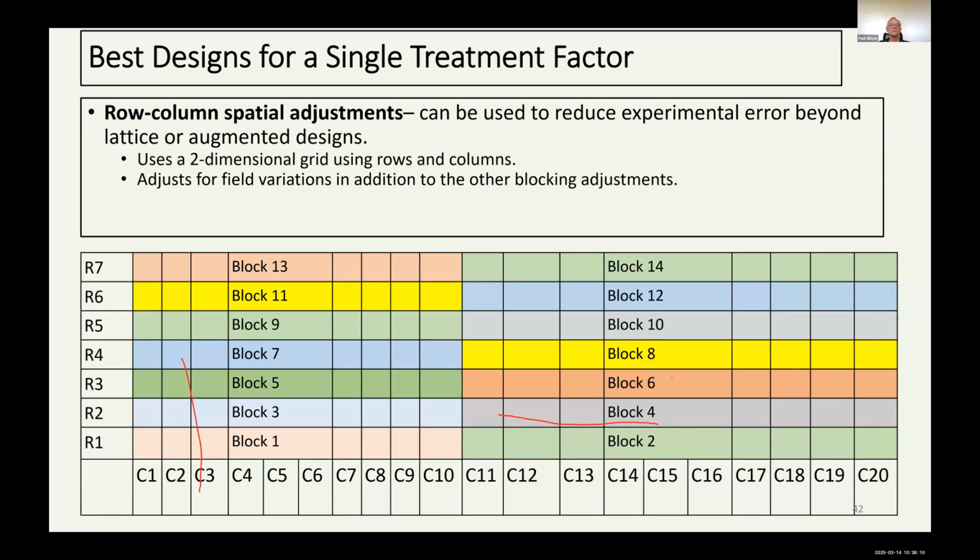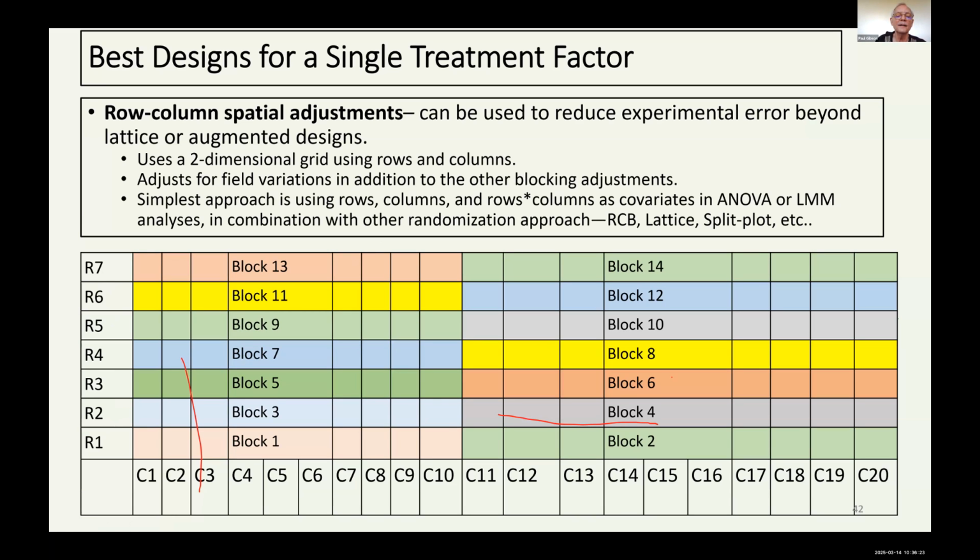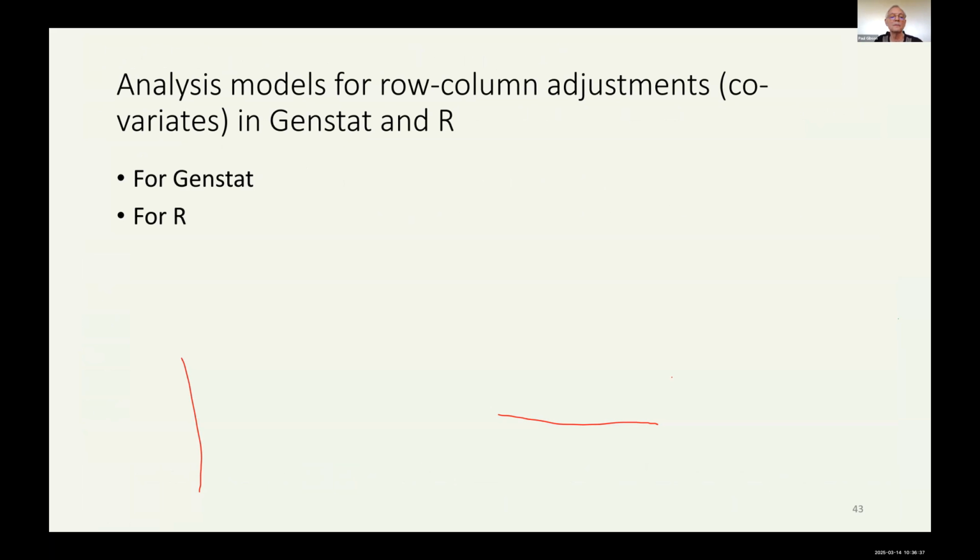Row column adjustments can be made using these column designations and the rep designation or row designations, and it adjusts for field variations beyond the blocking. And the simplest approach is rows, columns, and rows by columns as covariates in ANOVA or linear mixed model, and it can be used in combination with any other design.